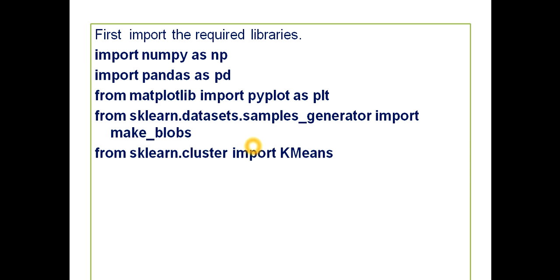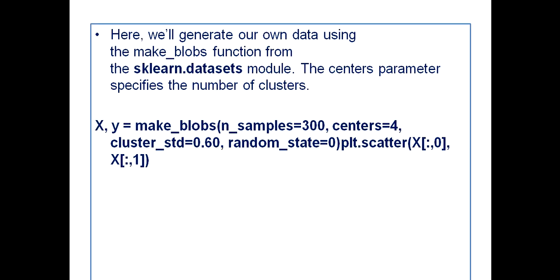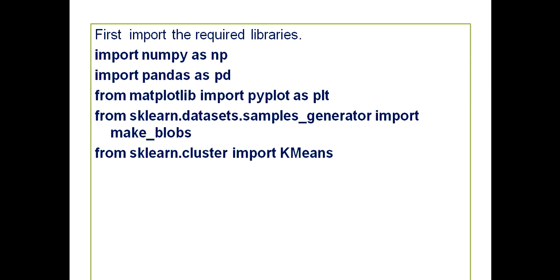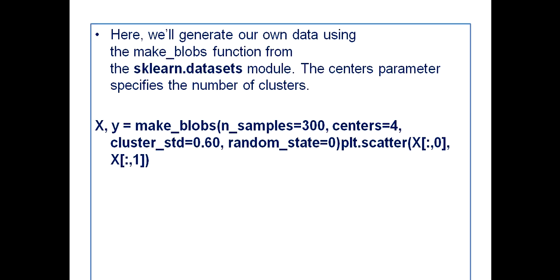Now we need to have a data set, and we are generating it through this make_blobs function. The first thing is that we need to generate our own data using the make_blobs function from the sklearn.datasets module. This import statement is what we are using to generate our own data.